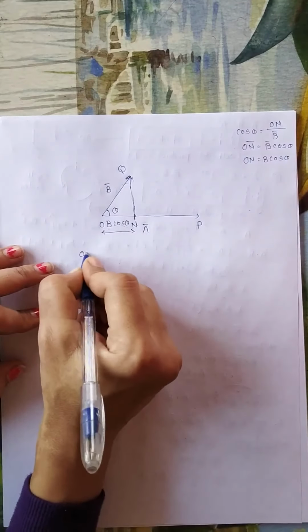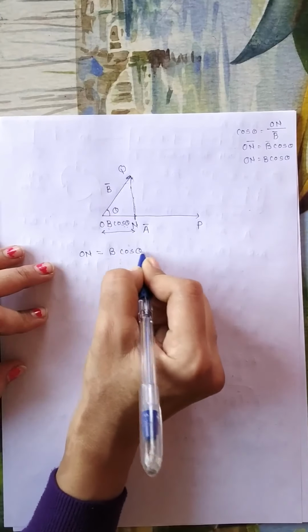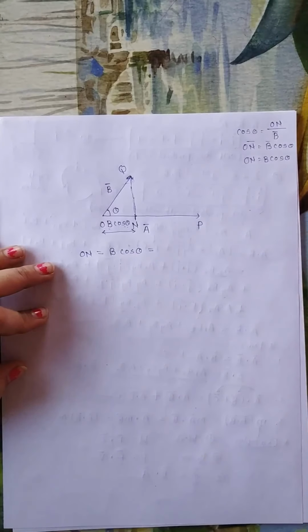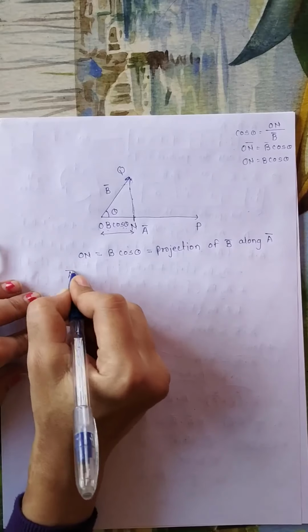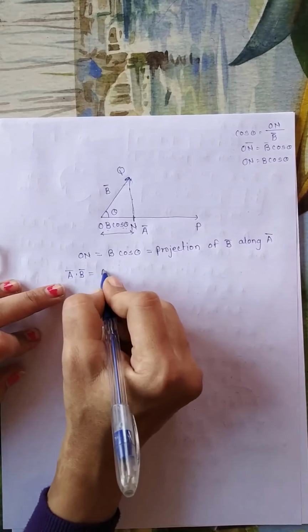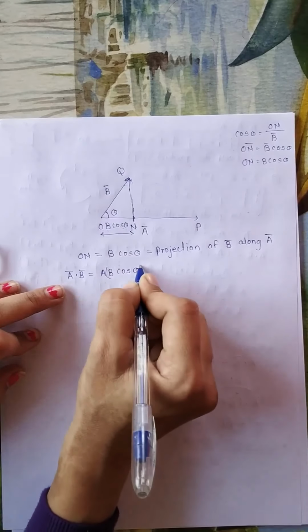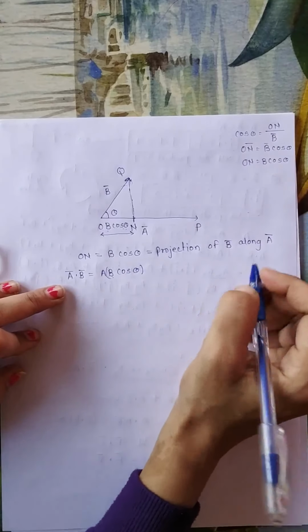So ON is B cos theta, the projection of B bar along the direction of A bar. Now if I take A bar dot B bar, according to the dot product this is AB cos theta, and B cos theta is nothing but the projection of B bar along A.